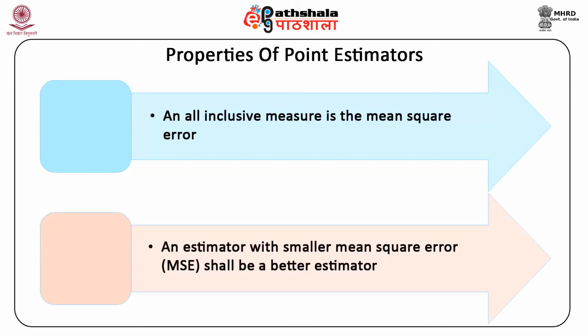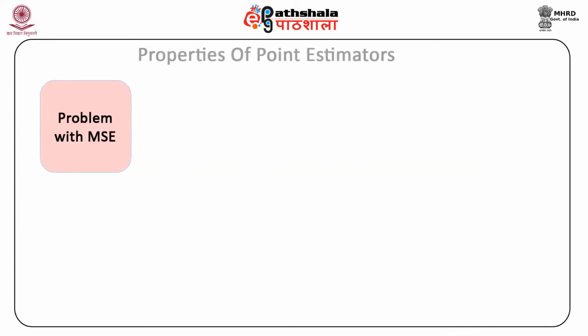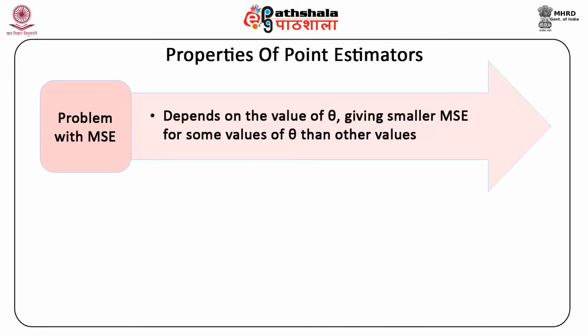An estimator with a smaller mean square error shall be a better estimator. The main problem with the use of MSE is that it depends upon the value of theta, giving a smaller mean square error for some values of theta than for other values, since the exact value of theta is not known.